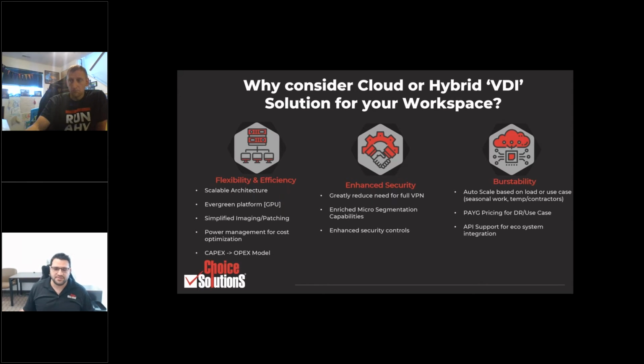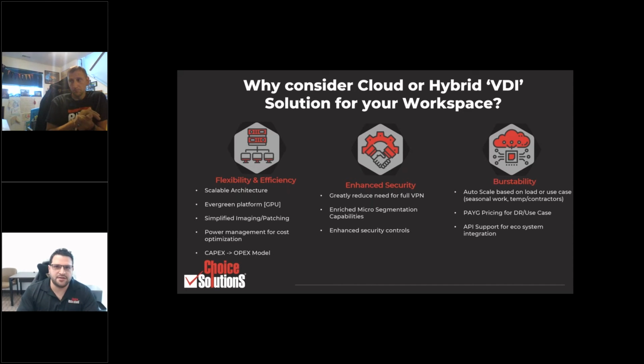Enriched microsegmentation, because you're dealing with software-defined networking at the cloud level. It really enhances those abilities for microsegmentation, the east-west traffic in your VNets or your VPCs if you're talking AWS world. So enhanced security controls. You have a lot of security controls, which we'll talk through today across each of those solutions. Much more on the Citrix side, but we'll talk through that.